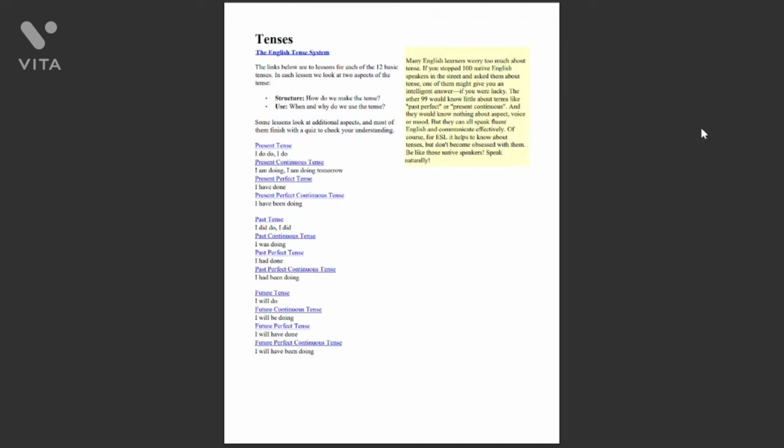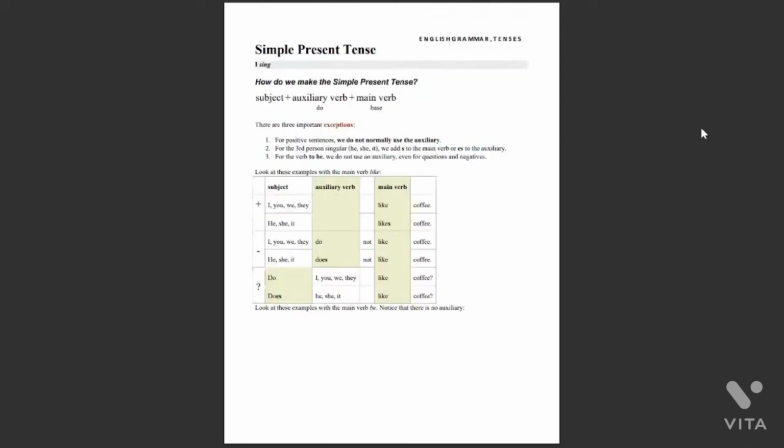And future perfect continuous tense is like I will have been doing. So these are the variations for the present tense, past tense and the future tense.